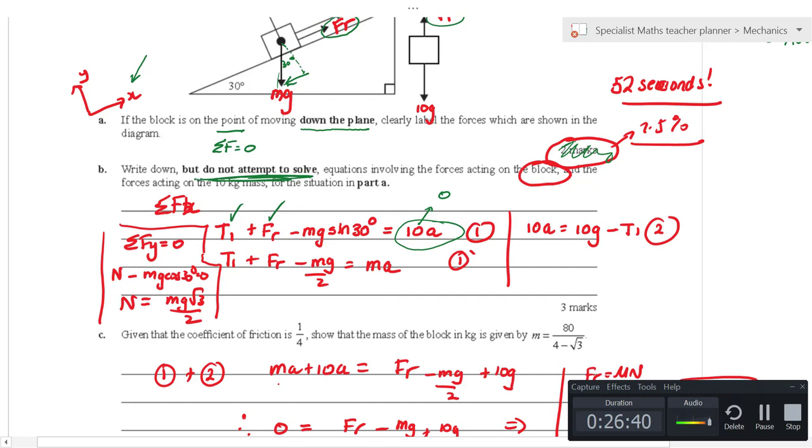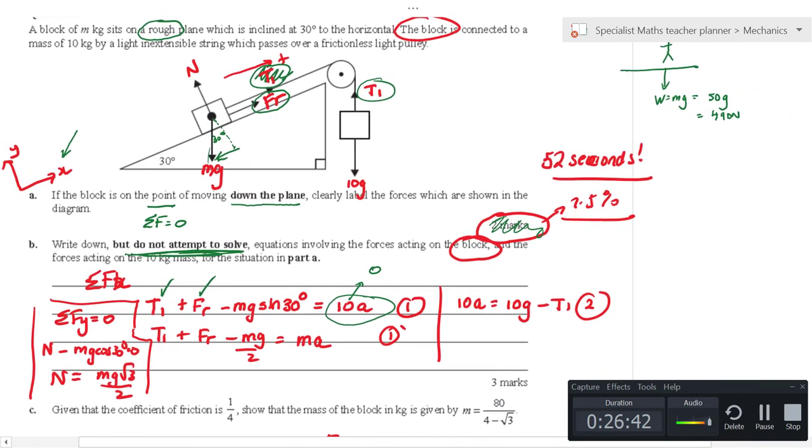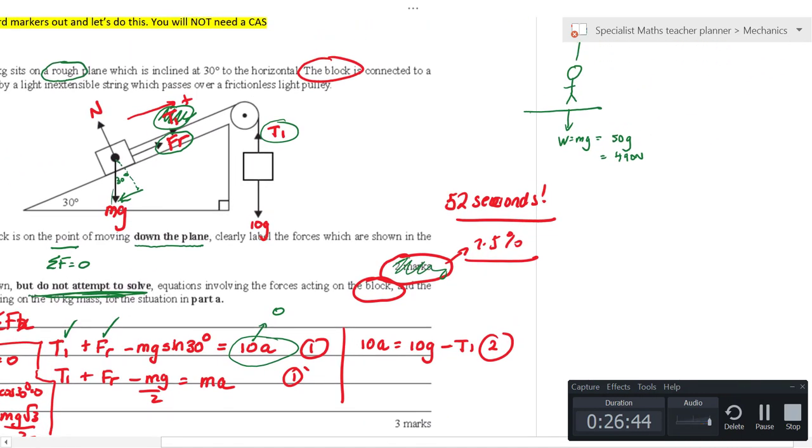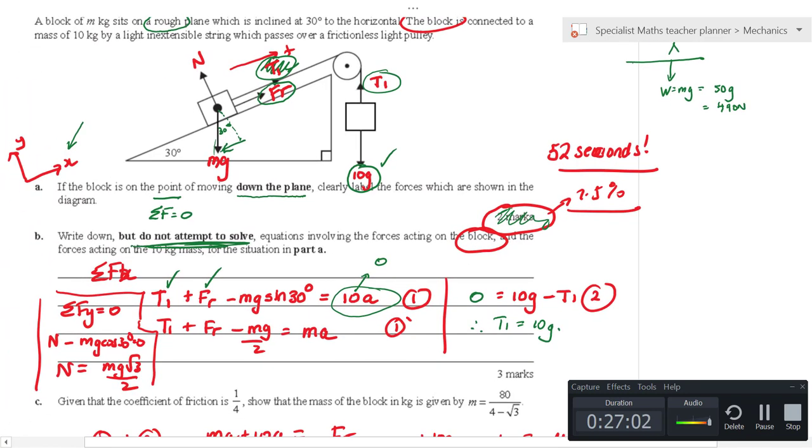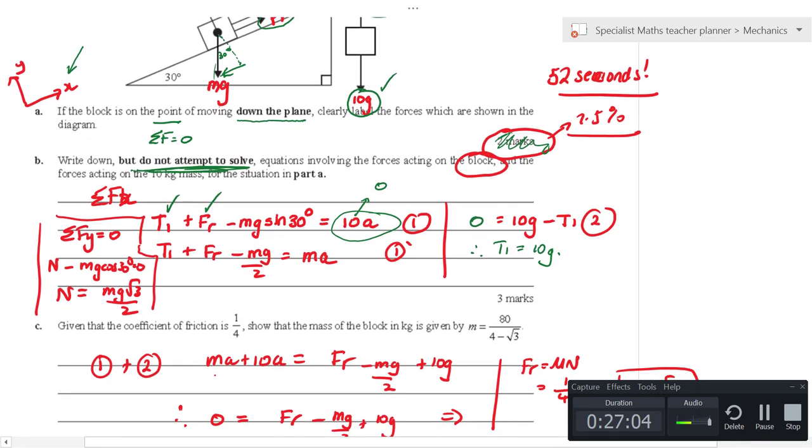But you can also see the other one is over here. If it's on the point of moving down the plane, then 10g minus T1 is equal to 10a. That's true, but a is equal to 0. So therefore, T1 is equal to 10g. See where we're going here? Because I reckon we could maybe sub that in later.